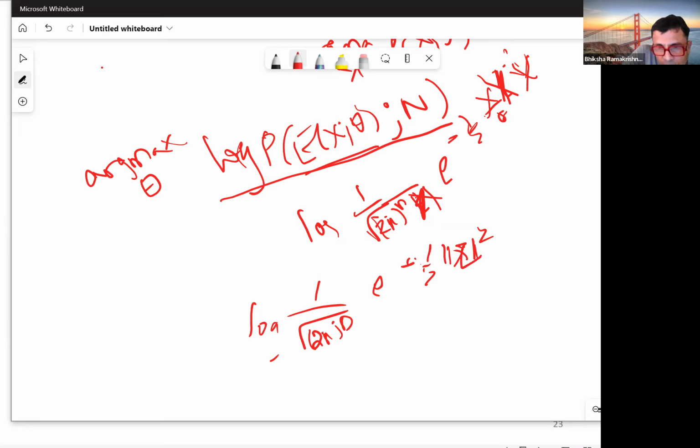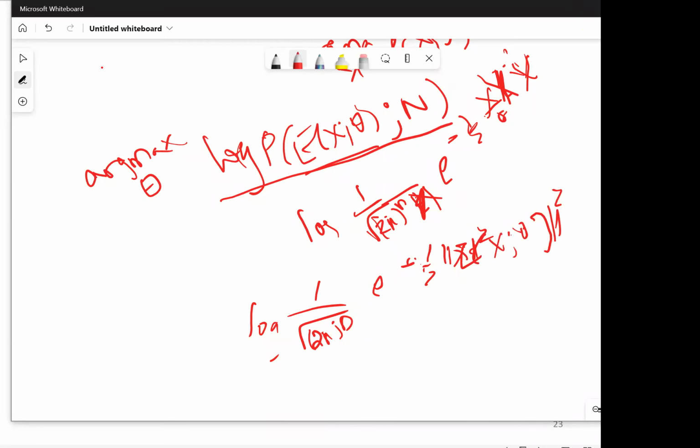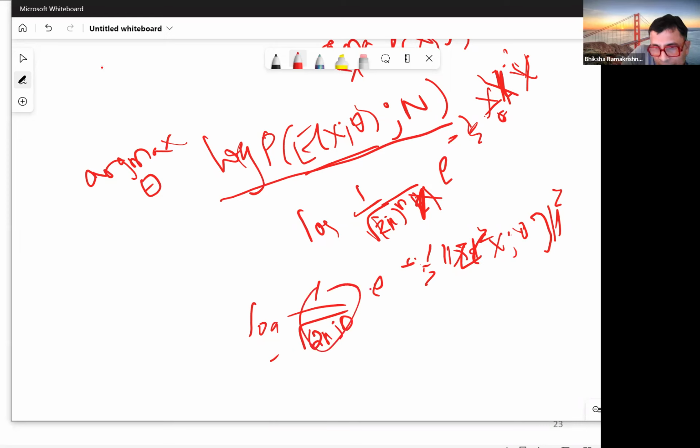In our case, this is going to be the encoding of x semicolon theta, whole squared. If I take a log of this, the constant goes away, and log and e cancel out. You're just left with half of the encoding of x semicolon theta whole squared.